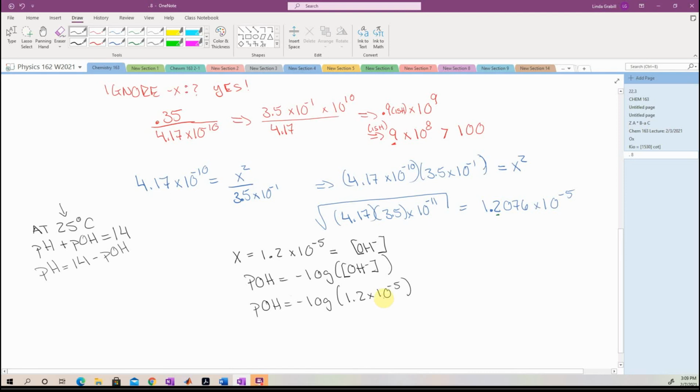Remember, this is the reverse world. While something basic is going to have a higher pH, it's going to have a lower pOH, because we're doing pOH instead. So we can put that in our calculators, and what do we get? I get a pOH as 4.92.